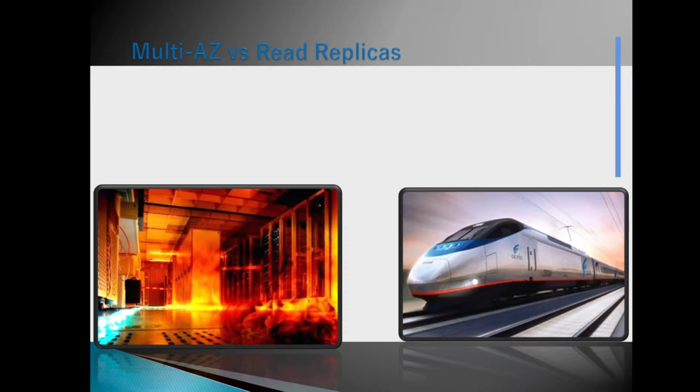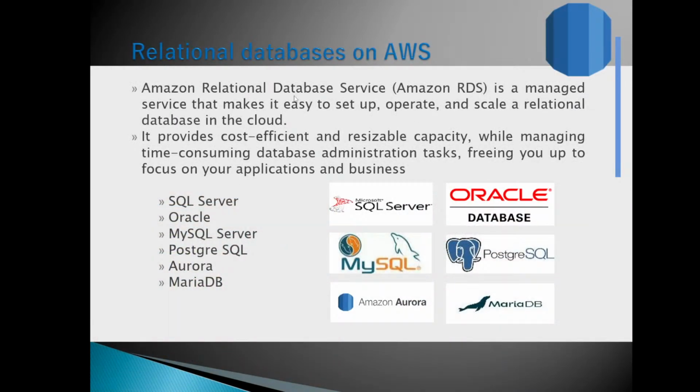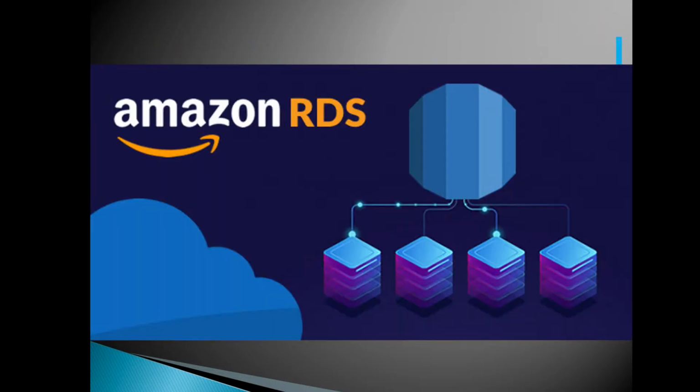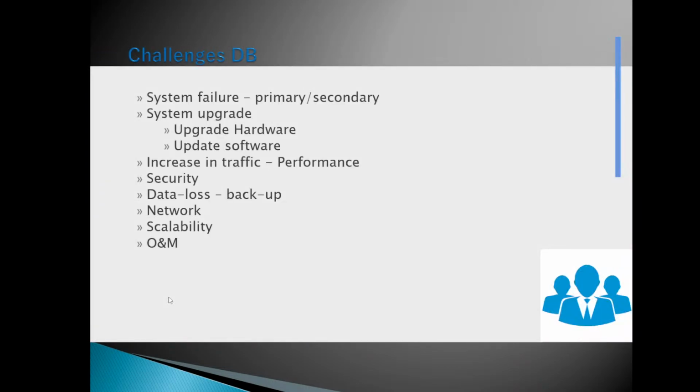Now Amazon is providing you the relational database service. So what are the things which Amazon is giving you out of the box? What are the challenges people were facing when they were running the database on premise or managing their own database?